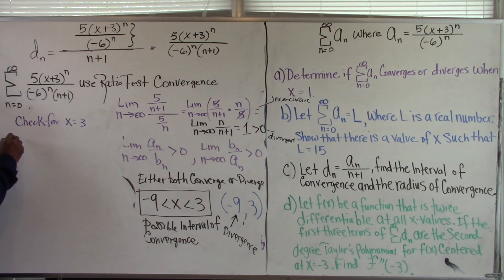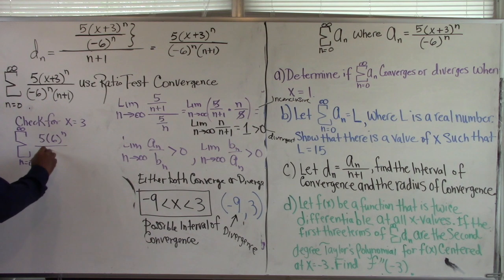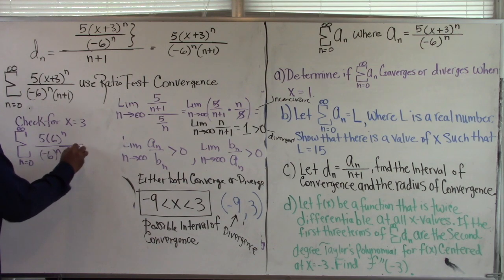Plug it in. Summation from 0 to infinity. All right. Now we're going to plug in 3. That's going to give us 5 times 6 to the n over -6 to the n plus 1.